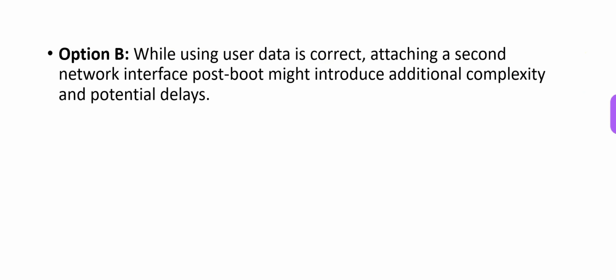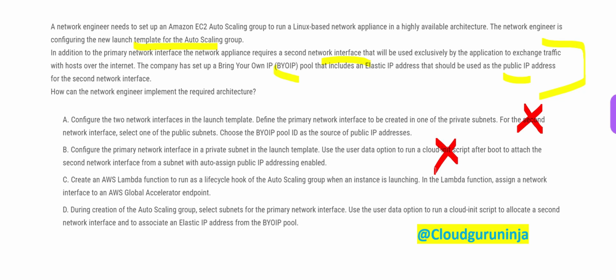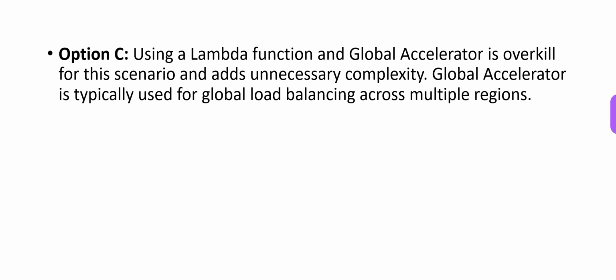Now option B, see, using user data is correct, okay, but attaching a second network interface post the boot can introduce complexity. That is why this is wrong. Now option C, the moment I see Lambda and lifecycle hook in this scenario, it looks like overkill.